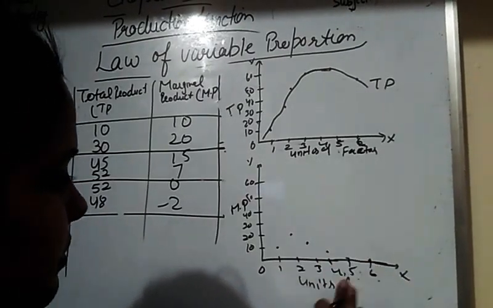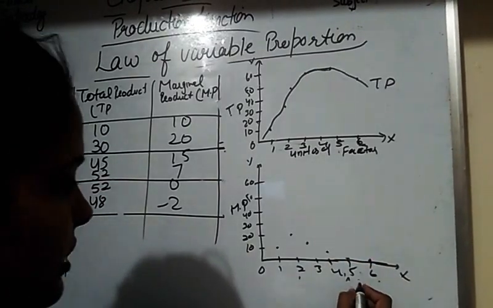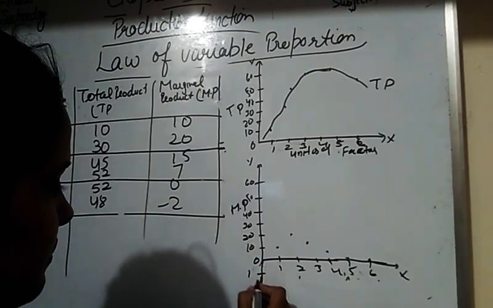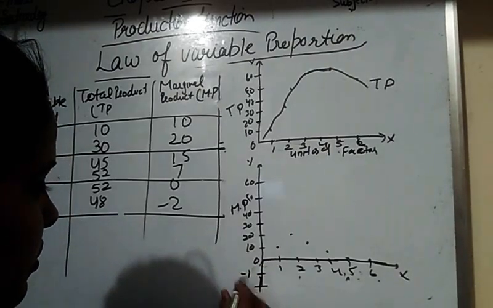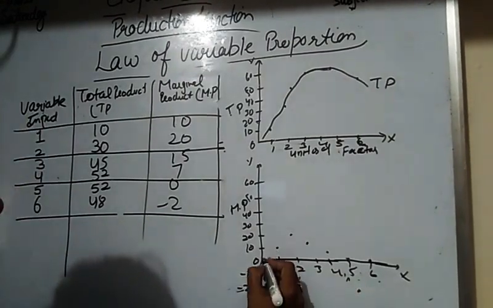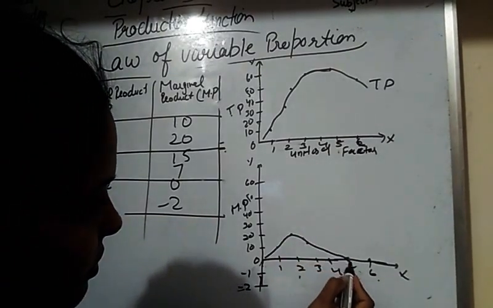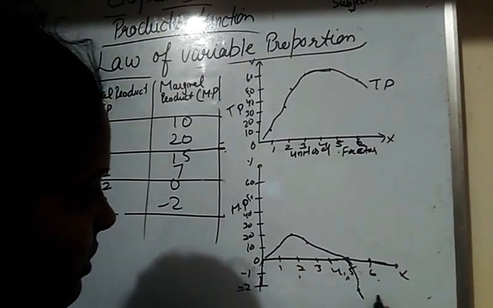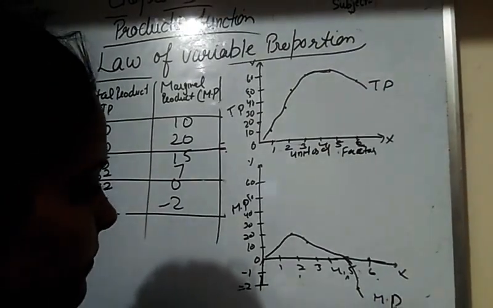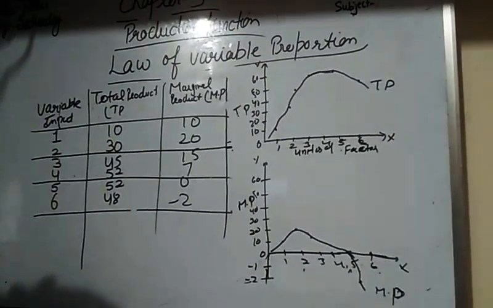At the 5th unit it is 0, and at the 6th unit it is -2. So we also show the negative side, -1 and -2. So this is our marginal product curve. Okay students, this is the marginal product curve.